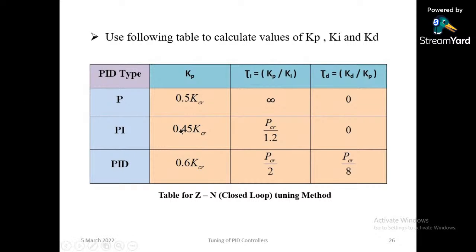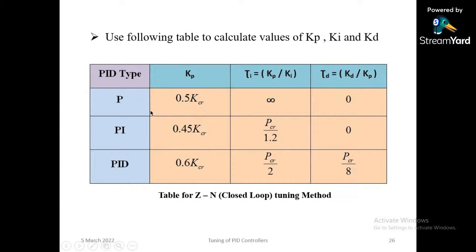Now, if I am using a PI controller, what does it mean? Only PI, D is 0. See, the derivative controller is 0. Okay. I am using only proportional and then integral. Now PID हे सगळे तिन्ही येतील.